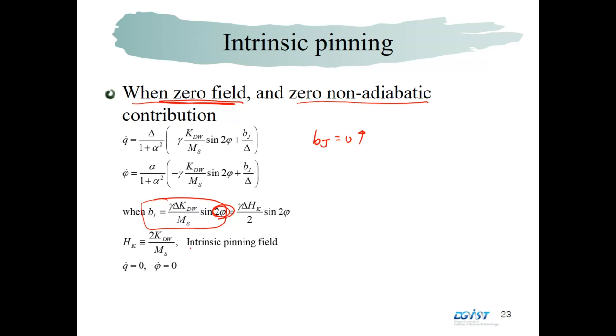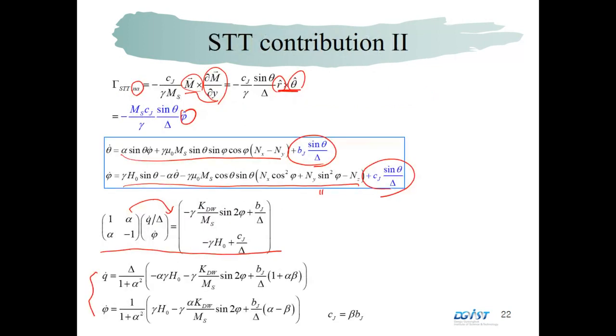So that's what we call the intrinsic pinning field. This HK should be this kind of intrinsic pinning of the domain wall with the spin transfer torque. That's the different point. In a field, they cannot make this term 0 simultaneously because of the role of alpha.